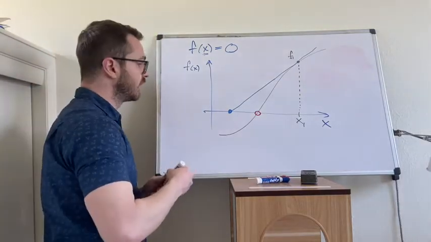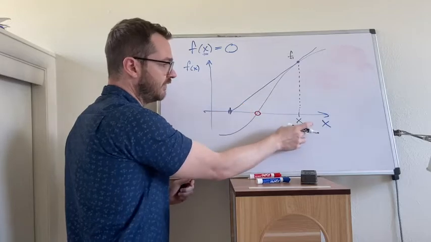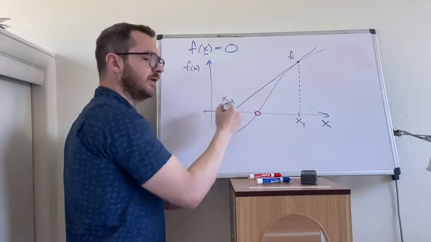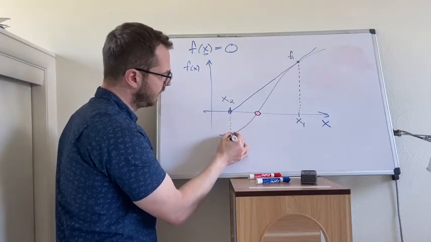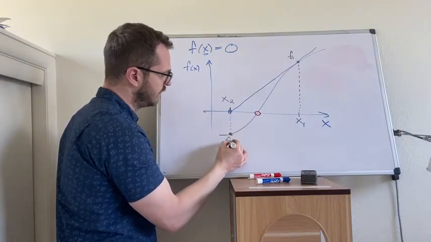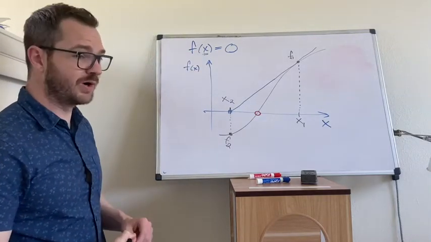This point where it crosses the x-axis, right here: if this is x1, this is now x2, and we're going to extend this down to the function. And here is f2.